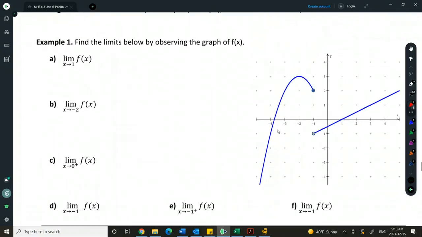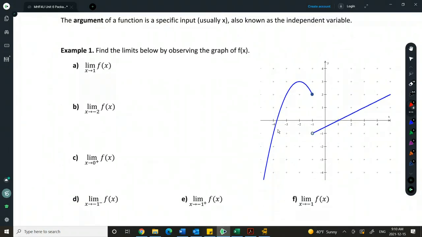Okay, so let's take a look. We have a graph over here. This is going to be the graph of f at x. Both pieces of this are f at x. And I want to find the limit as x approaches 1. That means, essentially, what does y approach as x approaches 1?